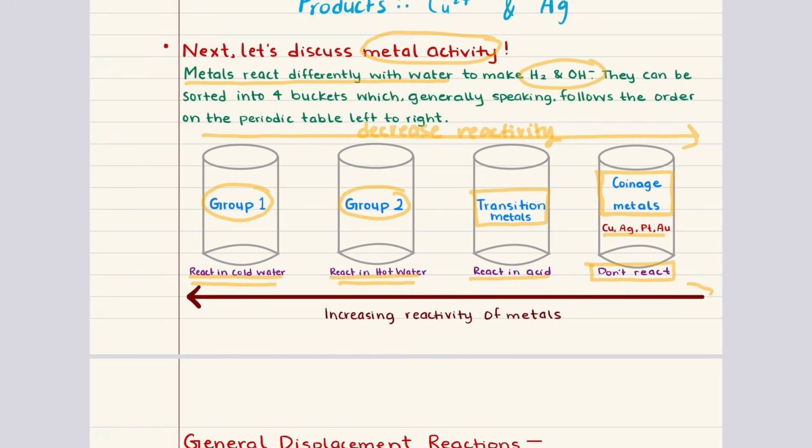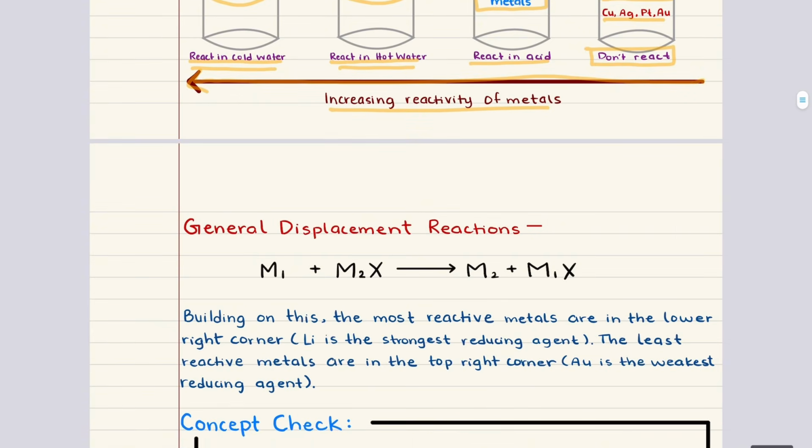This reactivity trend is the foundation for displacement reactions. So if you place a solid metal into a solution containing ions of another metal, the more active metal will give electrons to the less active one. In other words, the stronger reducing agent will be oxidized and the weaker reducing agent will be reduced.